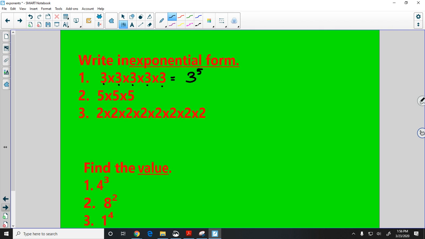Look at number 2. What's our base going to be? 5, right? It's repeated how many times? 1, 2, 3 times. So it'll be 5 to the 3rd power, what we call 5 cubed. And the last one, our base will be 2, because that's the number that's being repeated. And how many times is it repeated? 1, 2, 3, 4, 5, 6, 7, 8. So it'll be 2 to the 8th power.